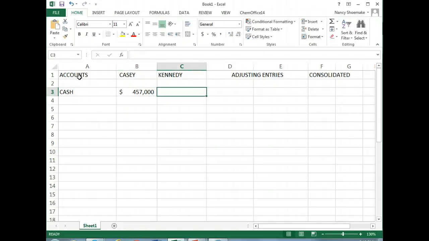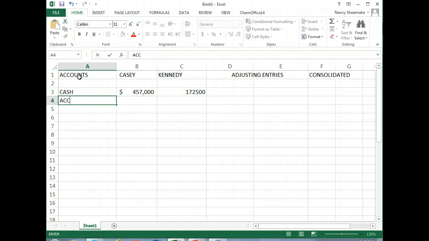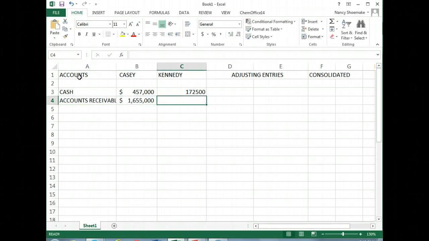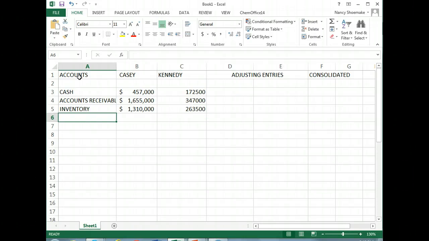Okay. And then accounts receivable? Okay. Kennedy? Inventory? Okay. And then Kennedy is $263,500. The investment in Kennedy is going to be $3,300,000, right?